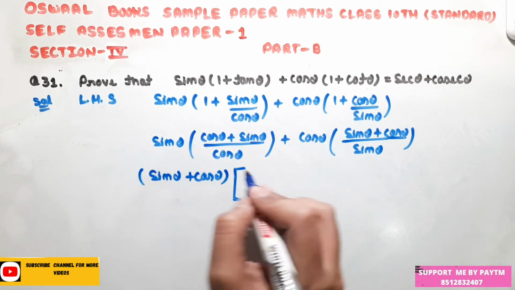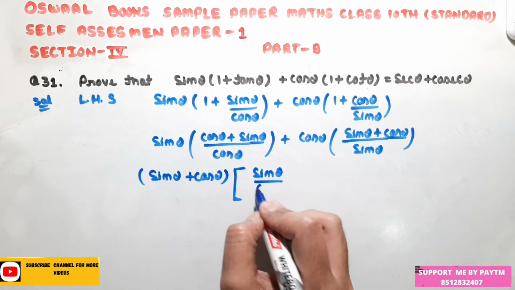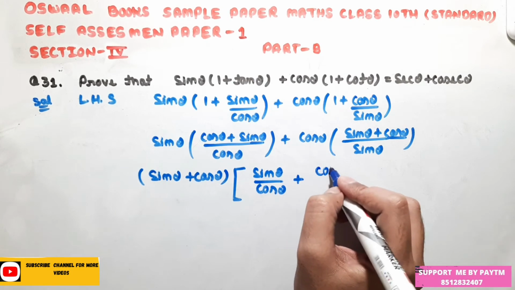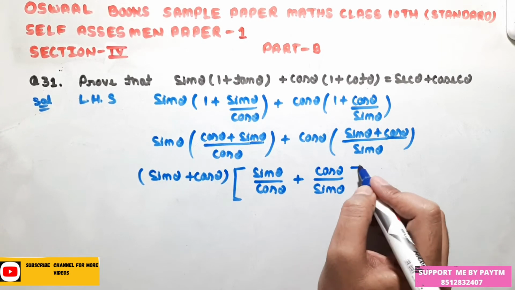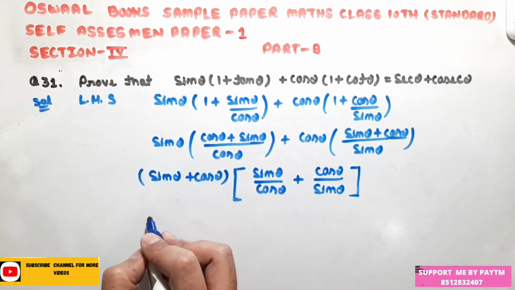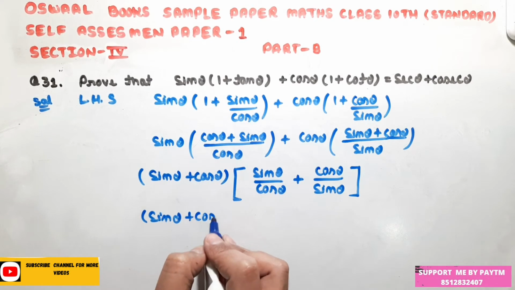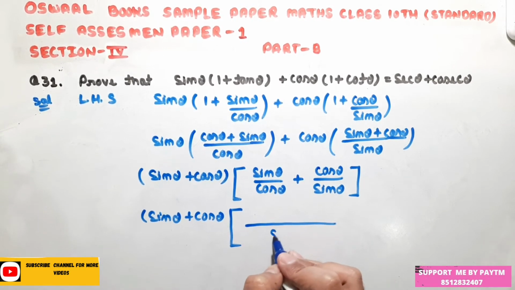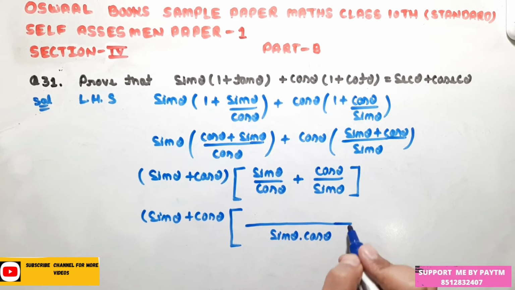So sin theta upon cos theta plus cos theta upon sin theta. (Sin theta plus cos theta) in bracket, here sin theta into cos theta is our LCM.